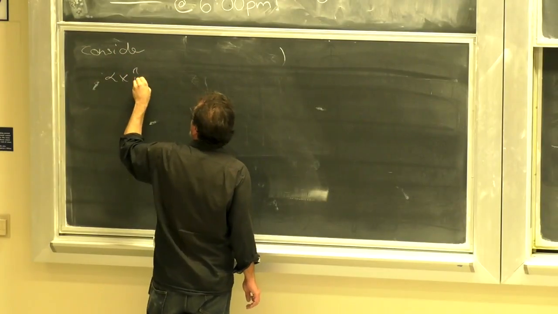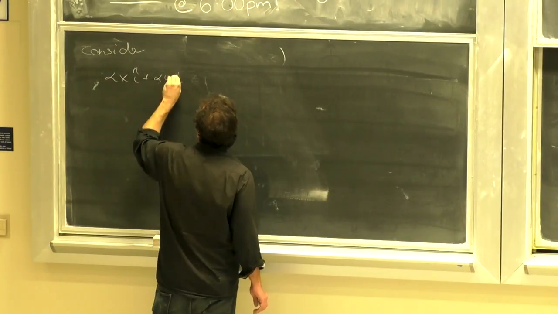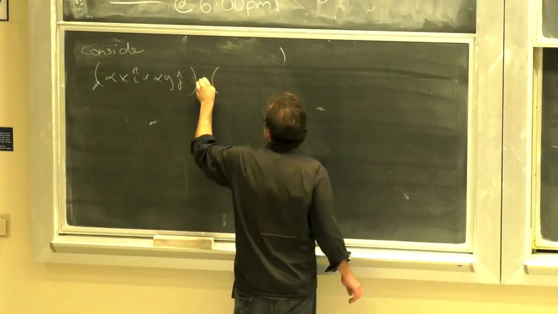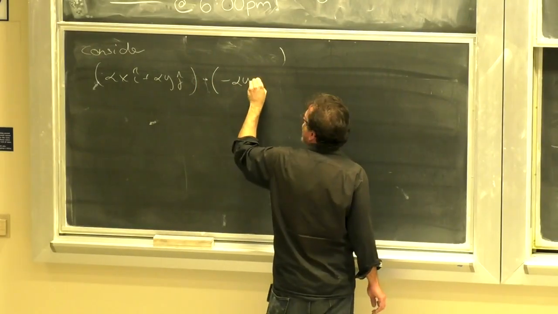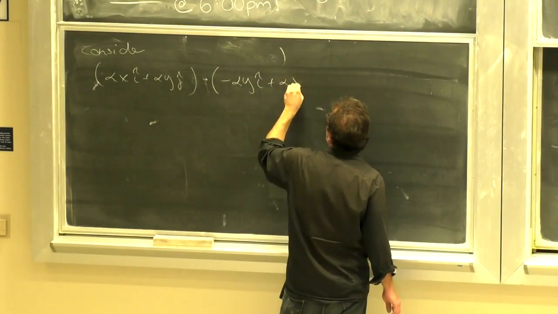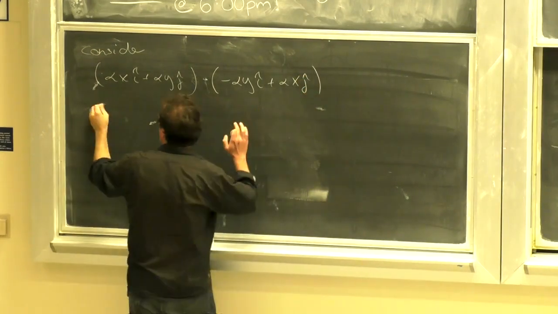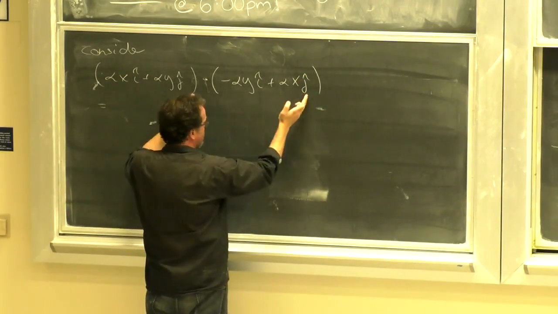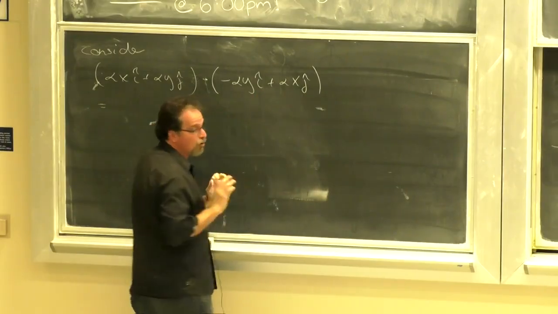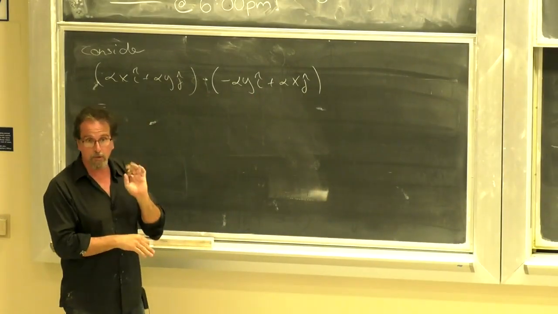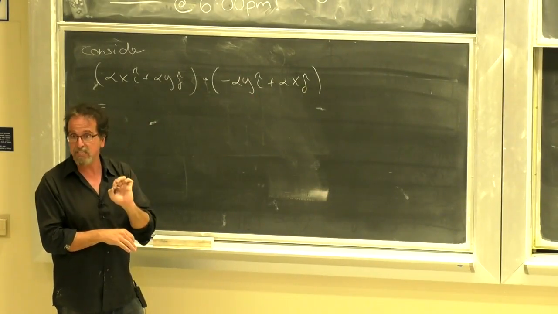alpha x i hat plus alpha y j hat dotted into negative alpha y i hat plus alpha x j hat. The dot product basically says multiply, because we have an orthonormal basis, i hat and j hat are unit vectors.